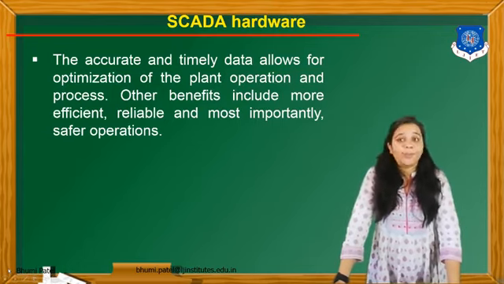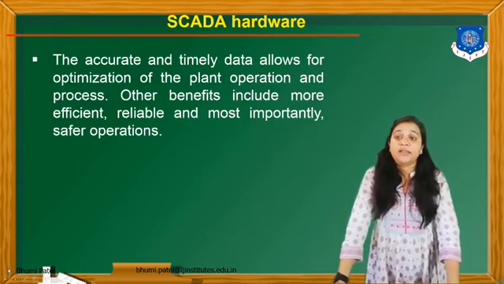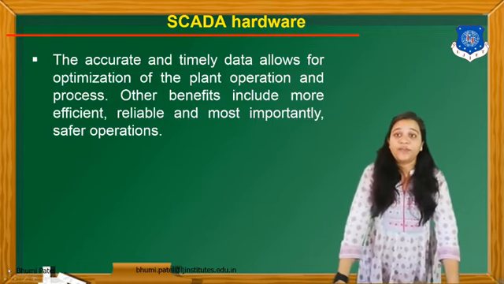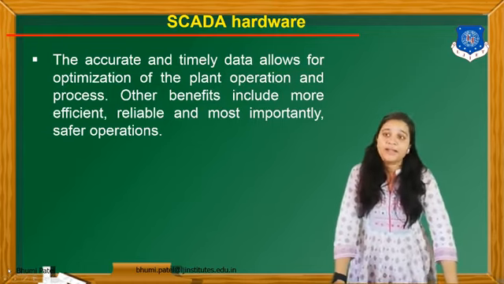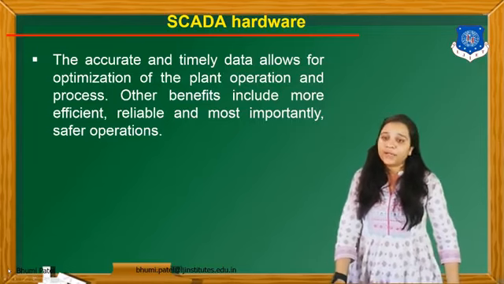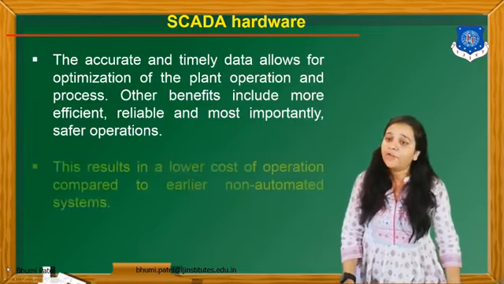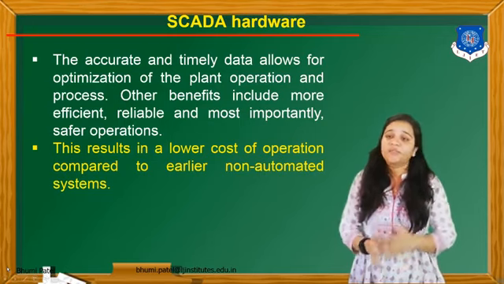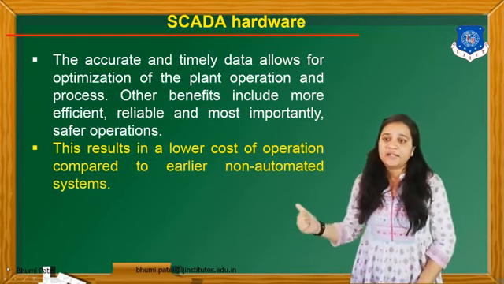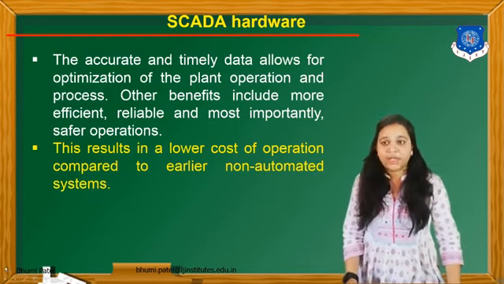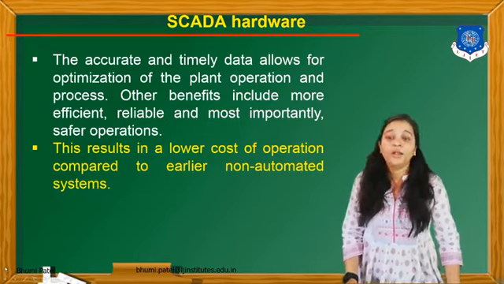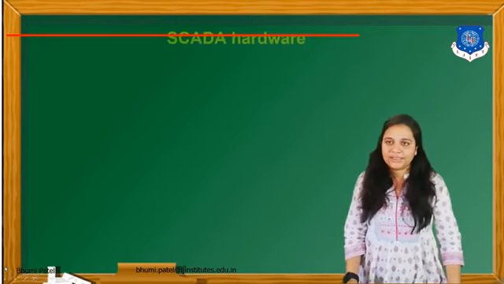So using the master screen, they will actually identify that the plant performs this type of programming and we can get this type of output, and the operation is very safe. So this results in a lower cost of operation compared to the earlier non-automated system.